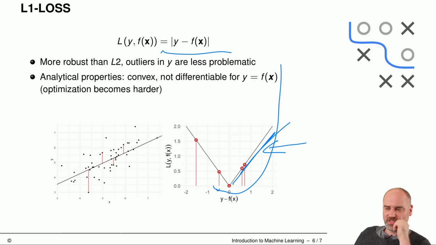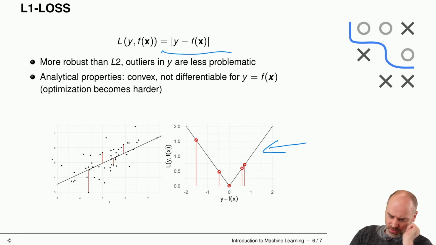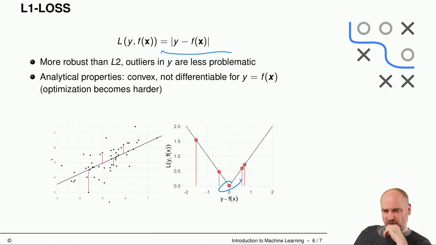I'm going to show examples later on, so I don't want to go too much into this now. Again, we can consider the analytic properties of the L1 loss function. It's obviously non-differentiable, so that will make optimization harder. Optimization is not really a focus of this lecture, although I have a different one where I talk about optimization principles in machine learning, where we heavily discuss things like that.